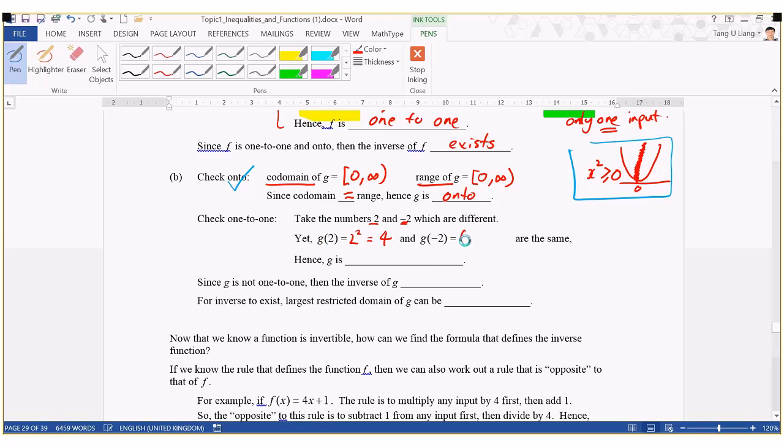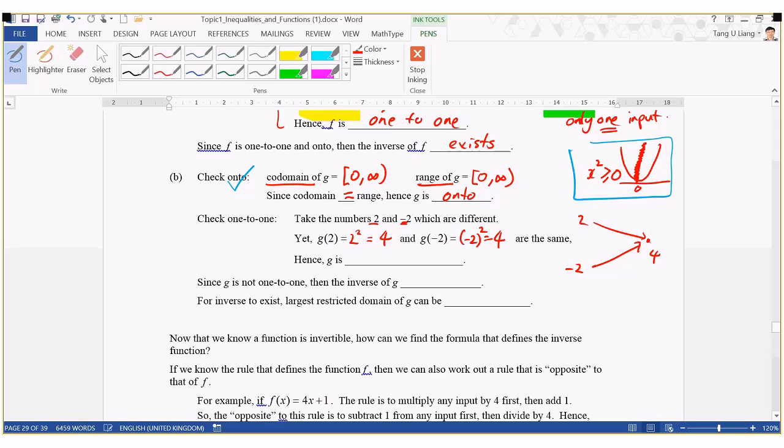So it is not 1-to-1. This diagram clearly shows you that G is not 1-to-1.